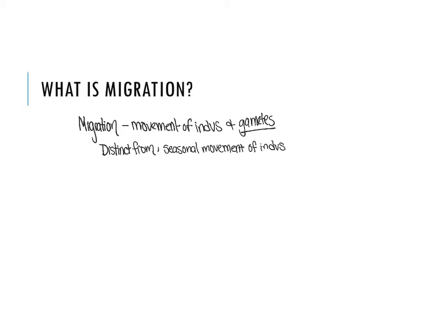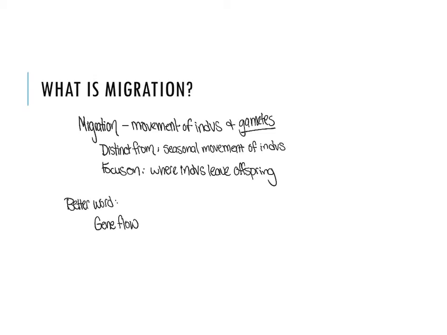So what we're really focused on is where individuals leave their offspring. Are their offspring part of a different population than the parent originally was? All right, so a better word for what we mean by migration is really gene flow.